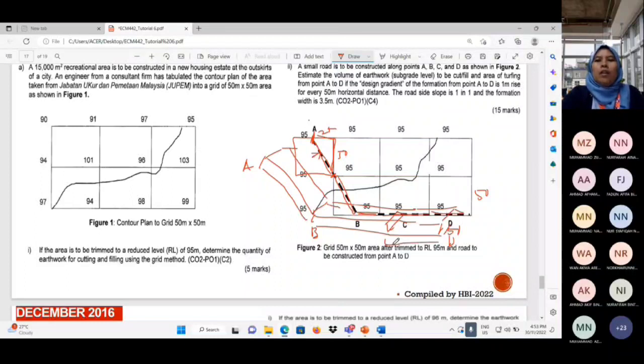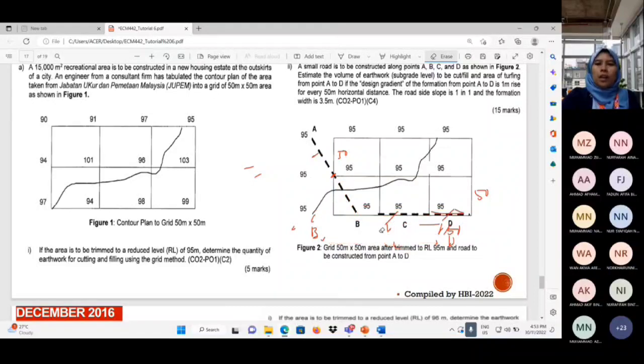So the length of each section you actually already know from the grid. I gave a hint on how you calculate. Okay, that's the idea. At each point, your surface area differs according to the depth.